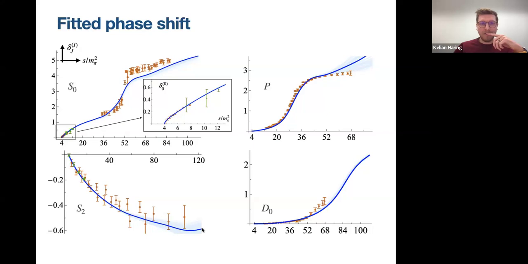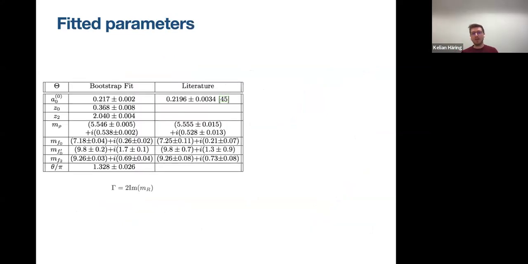In the fitting procedure, we had 12 parameters: the parameters A00, the two chiral zeros, and some masses of resonances. The Bootstrap procedure chooses the best position by using this particle swarm. Here is the Bootstrap fit that we did.